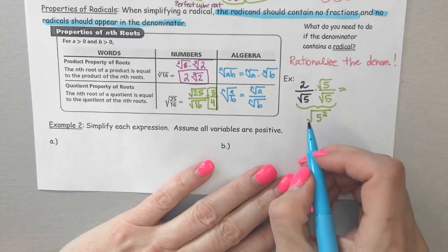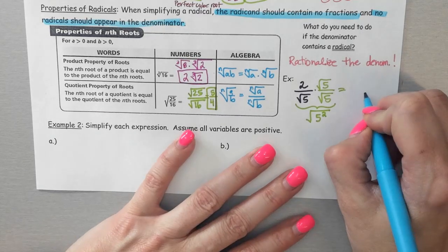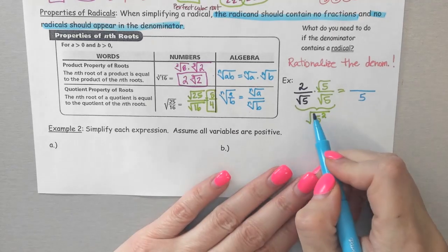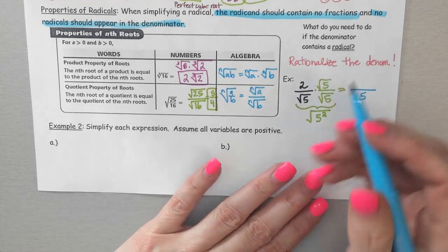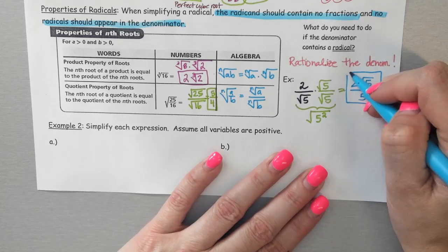Okay, so when you're taking the square root, it undoes the power of 2. We've also talked about how it represents the square root of 25. The square root of 25 is 5. When you have these opposite operations, they are going to undo that operation.